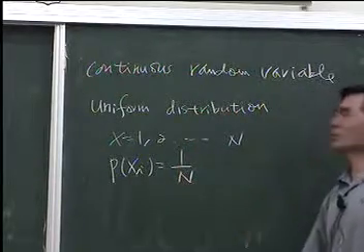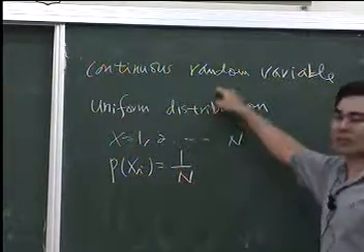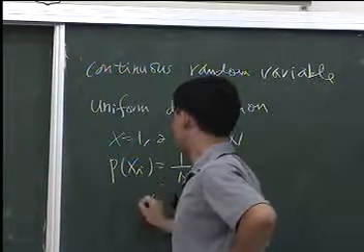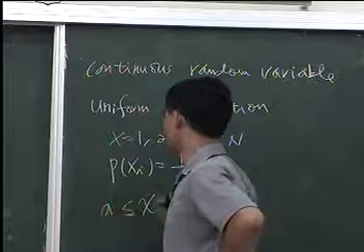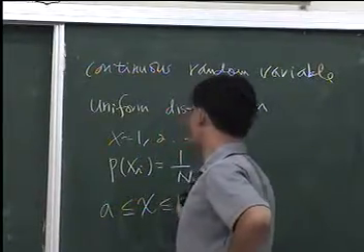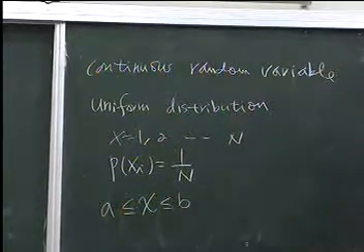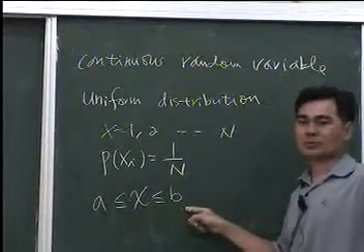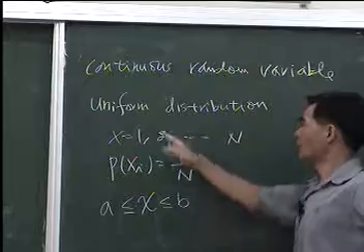But now we are talking about continuous type, okay? So this is different. We say x will be greater than or equal to A, less than or equal to B, okay? And since it is a continuous distribution, what does that mean? And it's uniform, right?